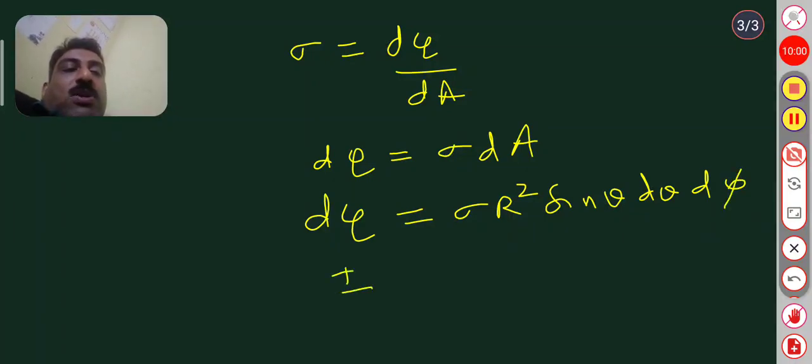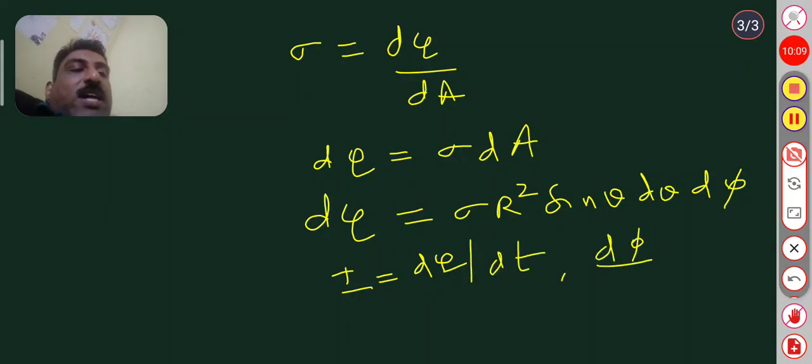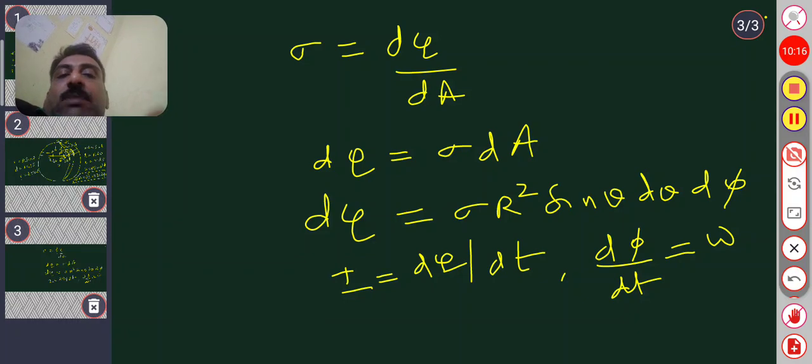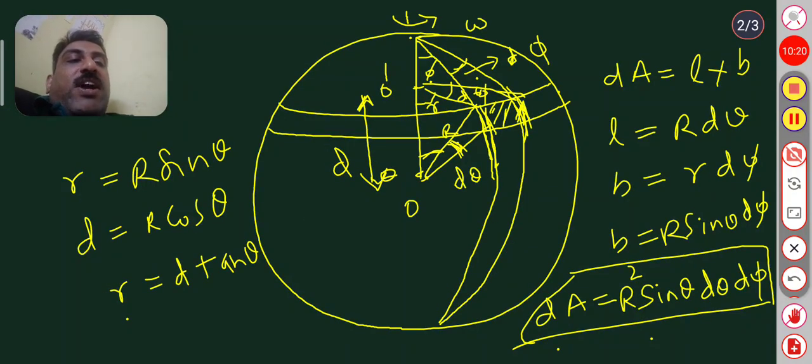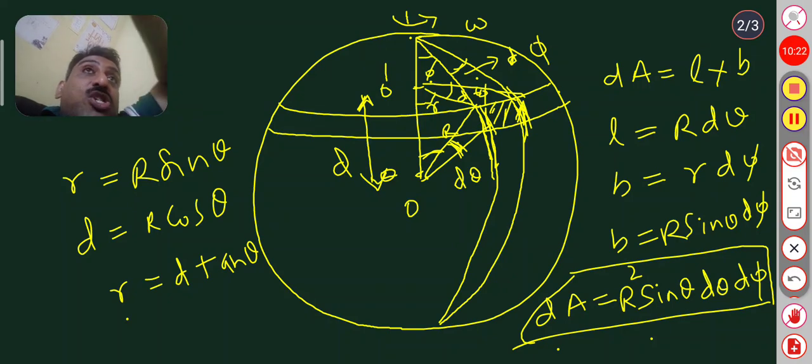Current is given by dq by dt. And you can see from this diagram that d phi by dt is omega, the rate of change of angular displacement.